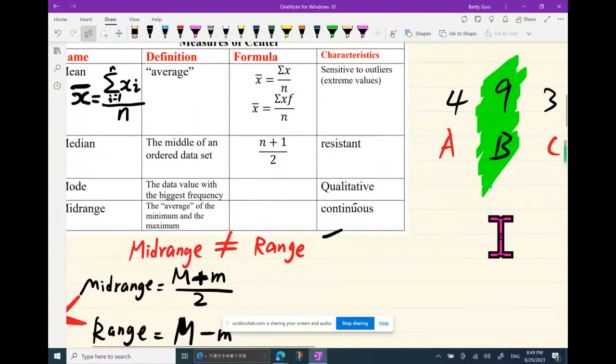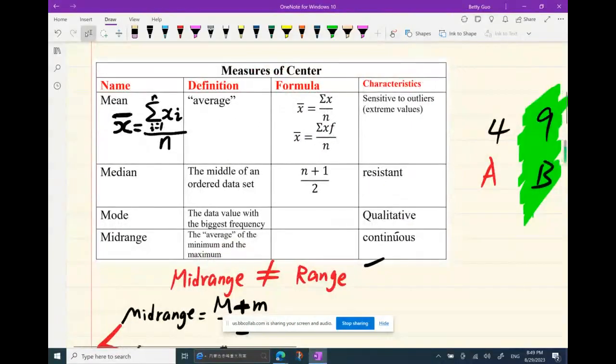How are you going to find the mean? How are you going to find the median? How are you going to find the mode? Because those values are continuous. The temperature is continuous, right? It's not discrete, where you can list the values and add them up because you only have a finite number of values.